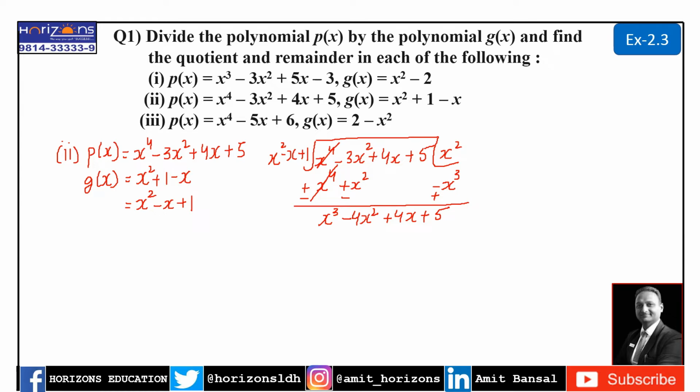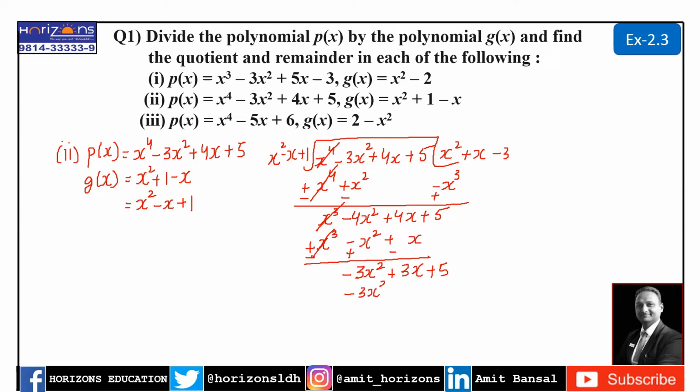To make x square equal to x cube, we will multiply it by x. So x cube minus x square plus x. So plus x cube minus x cube minus 3x square plus 3x plus 5. So to make x square equal to minus 3x square, we'll simply multiply it by minus 3.